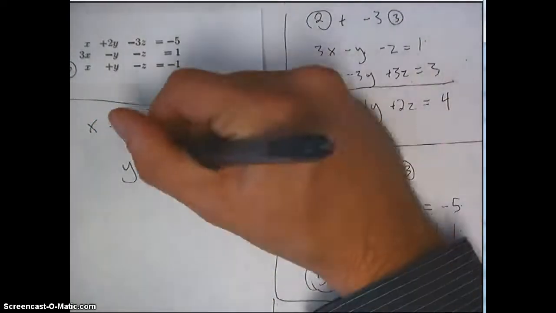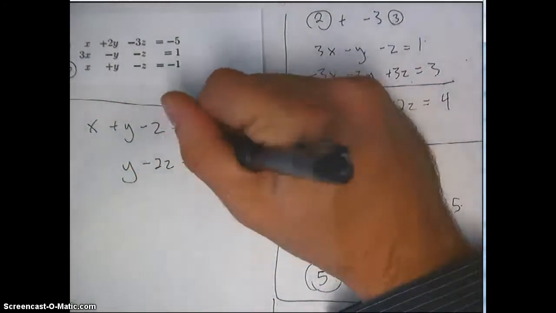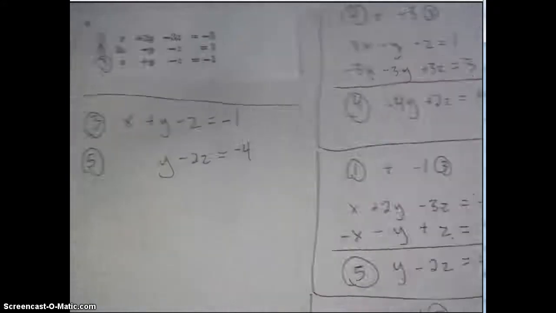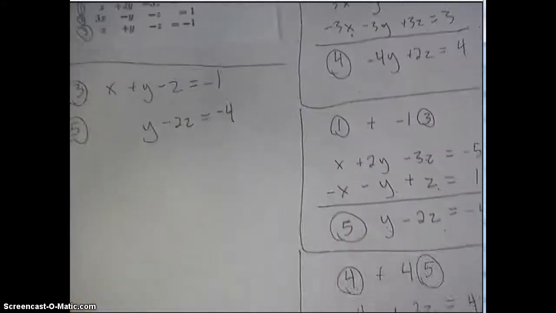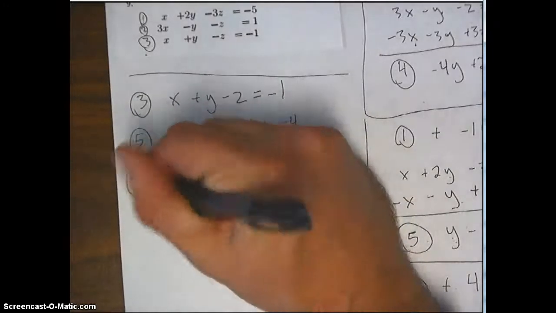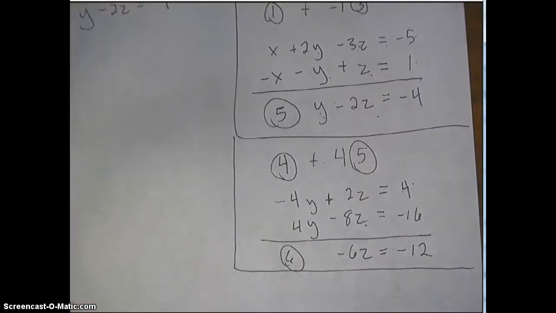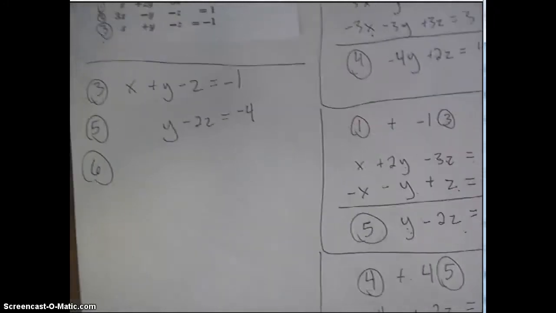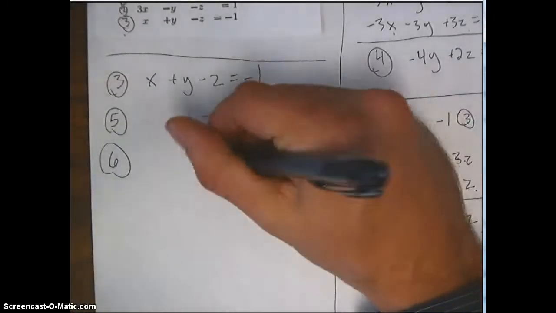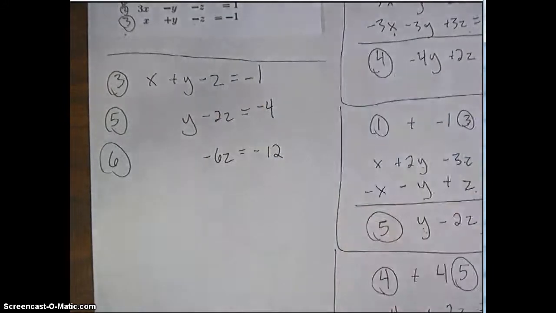Y minus 2z equals negative 4. And then finally, you need to write the equation we found last, which was equation 6. So equation 6 was negative 6z equals negative 12. So negative 6z equals negative 12.